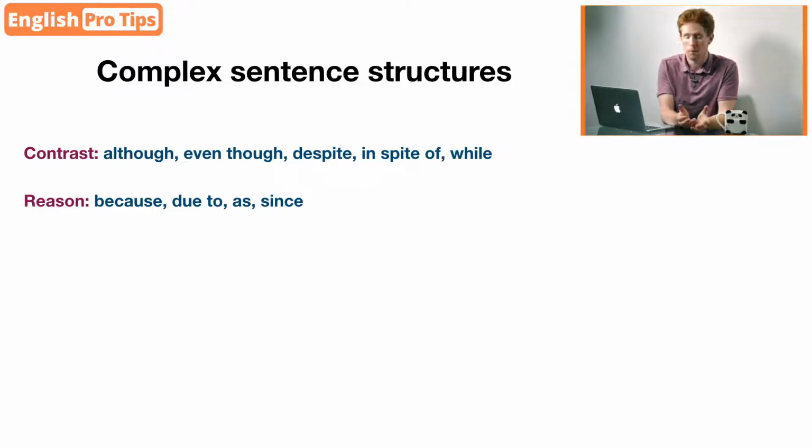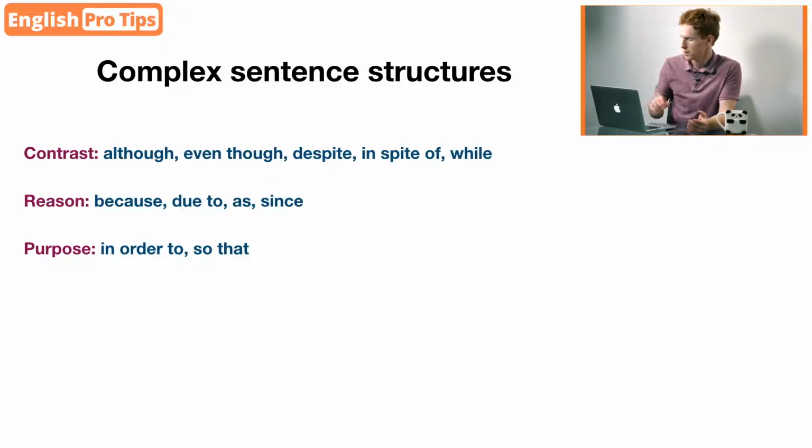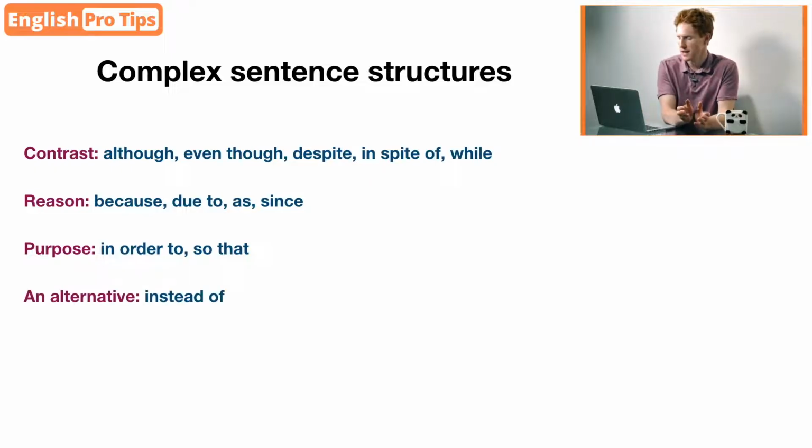We also have because, due to, as, and since, and these words usually suggest a reason. Further, we have in order to and so that, and these words suggest a purpose. And finally, we have instead of, which is a way of showing an alternative.